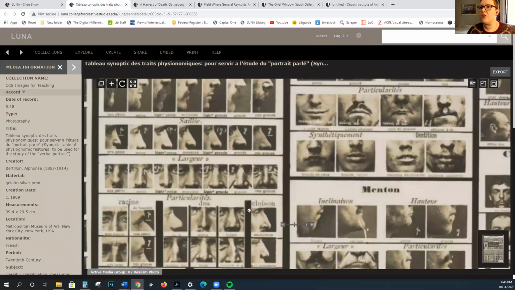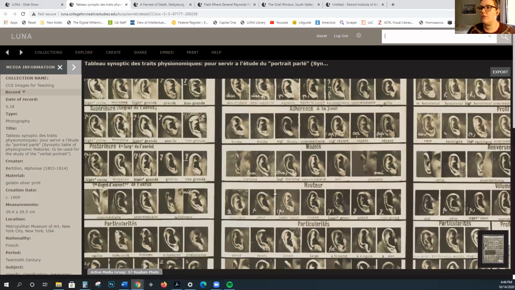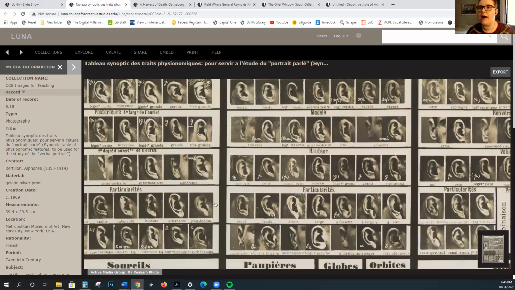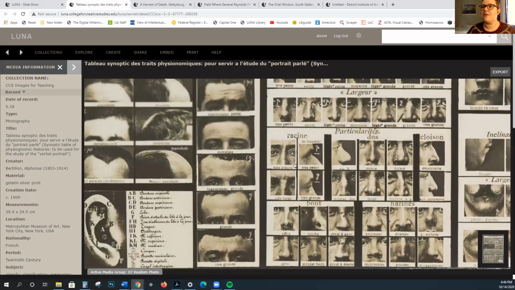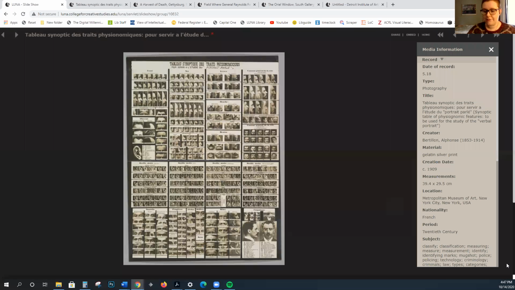So these ears are not necessarily identified as belonging to a specific person, but you would say, okay, so particularité fondue is the ear that I saw. And so you could create a verbal portrait in this way, kind of copy and paste, essentially, by putting this together, right? So see the forehead, all sorts of things are categorized.